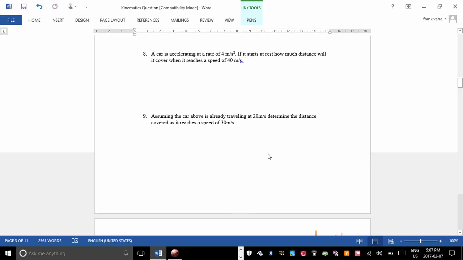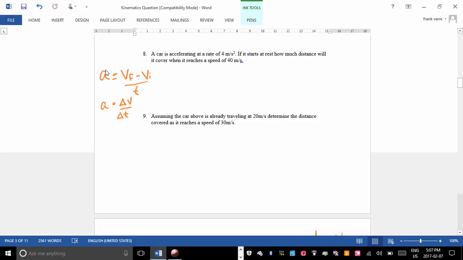So acceleration means that the speed is not the same. There is a change in speed, and it's defined as a is equal to the final speed minus the initial speed over the time, or basically the change in speed over the change in time.